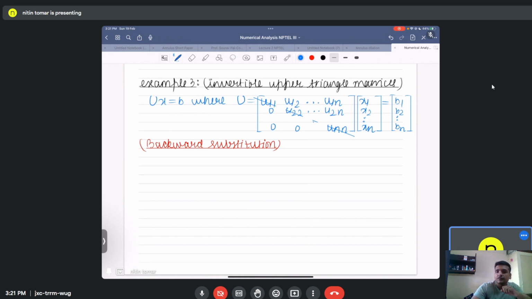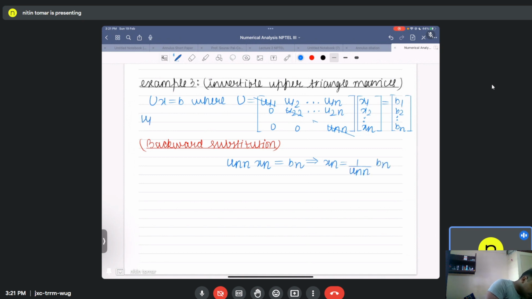Whereas in backward substitution, you get the last value first. If you read the last equation, it will be Unn xn equal to bn, correct? So xn is 1 upon Unn times bn.